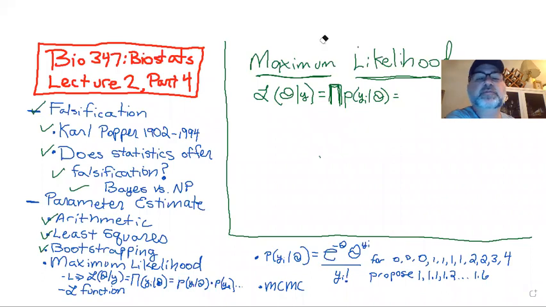So this equals the probability of y1, your first observation, given some parameter, right?